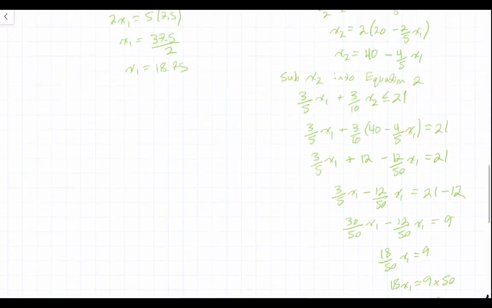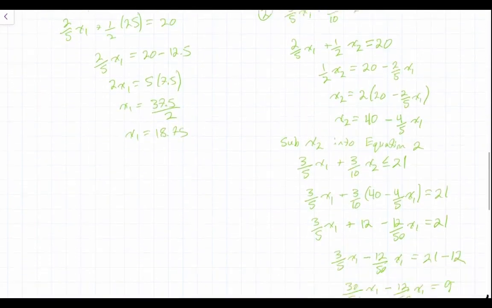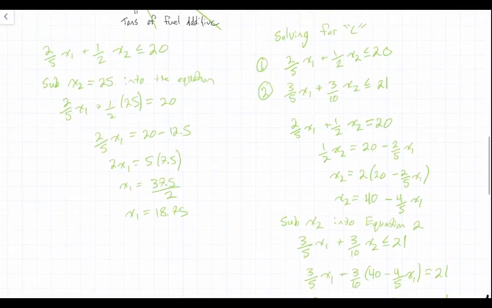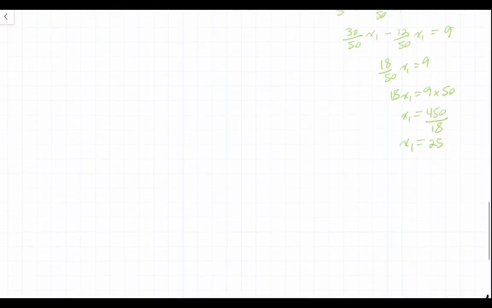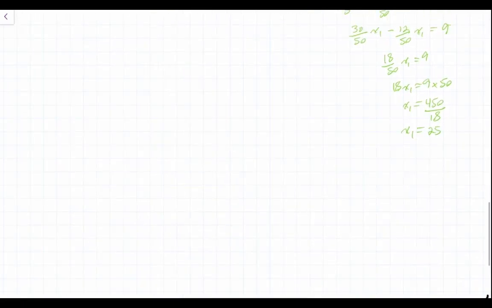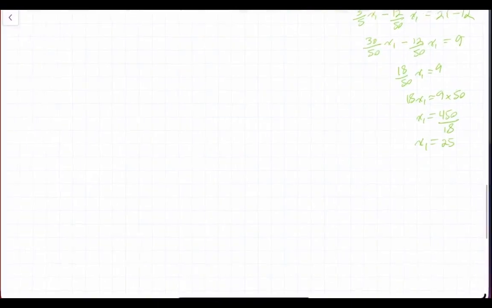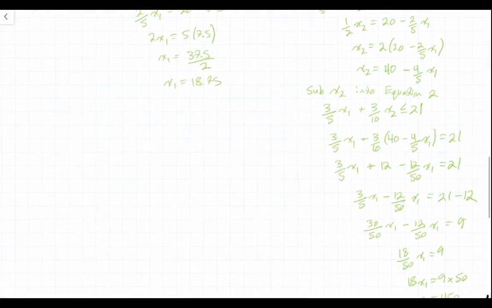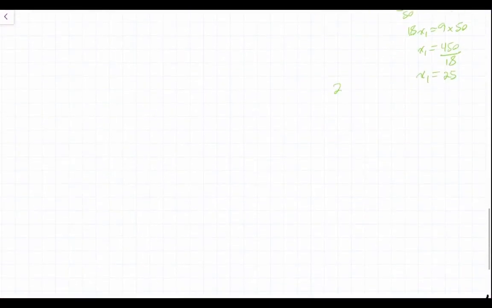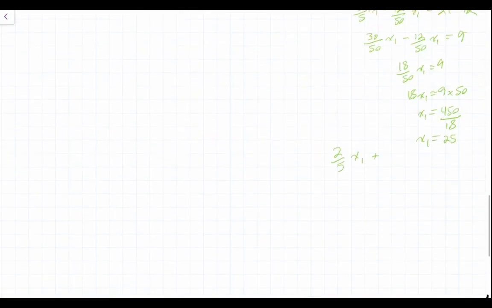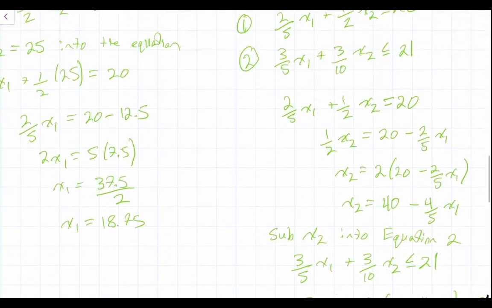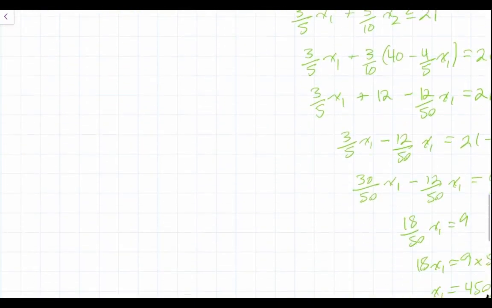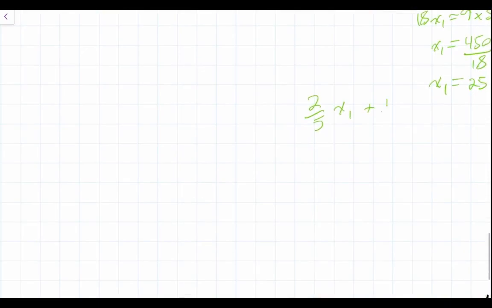From there, we can solve for our x2 coordinate by subbing back into equation 1. So equation 1 was 2/5 x1 plus 1/2 x2 less than or equal to 20.